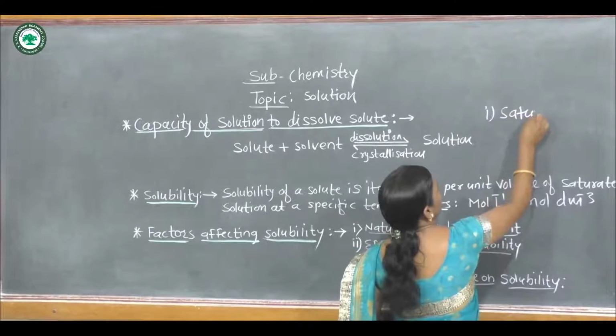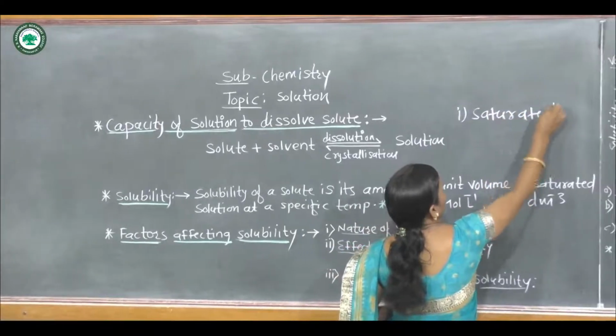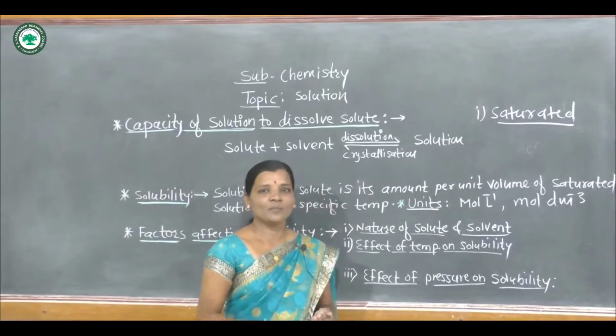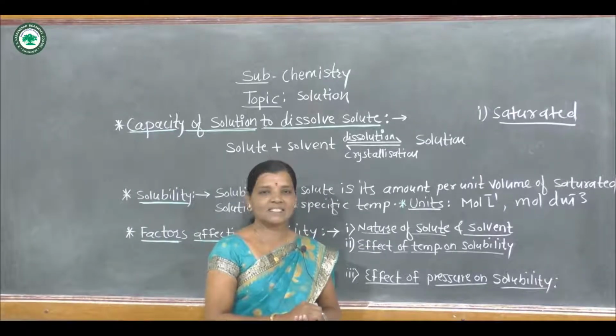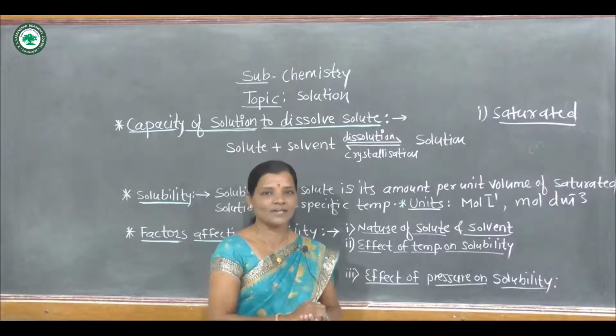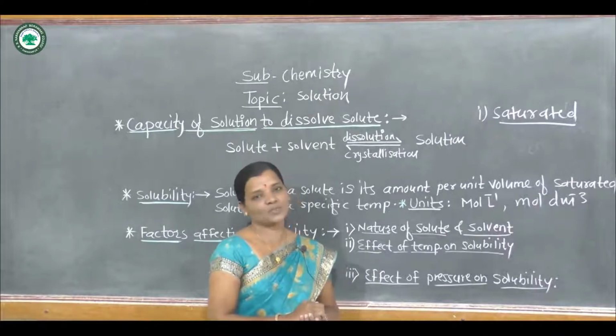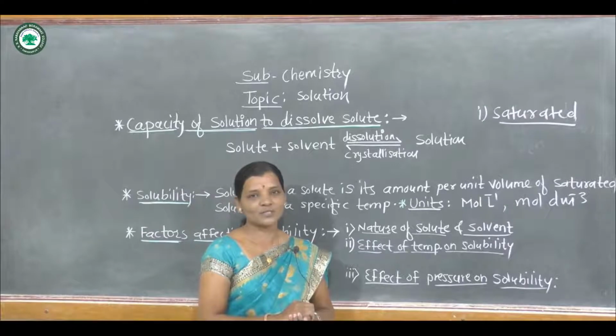What is meant by saturated solution? When more amount of solute is added in the given solvent, and at some point the solubility decreases, then that solution is called a saturated solution.